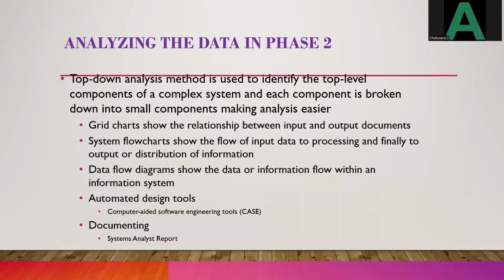Phase two also provides a thorough analysis used to identify the top-level components of a complex system. Each component is broken down into smaller components, making analysis easier. How do you achieve that? You have a grid chart showing the relationship between what was inputted and the output.